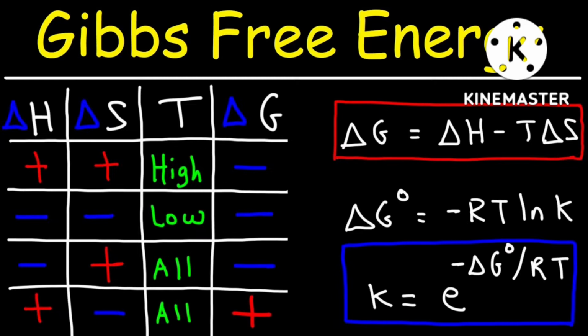That's why T always will be with S. Then G is equal to H minus TS in a general way. Otherwise, exactly delta G is equal to delta H minus T into delta S. The difference between delta H and T into delta S, that is the free energy.